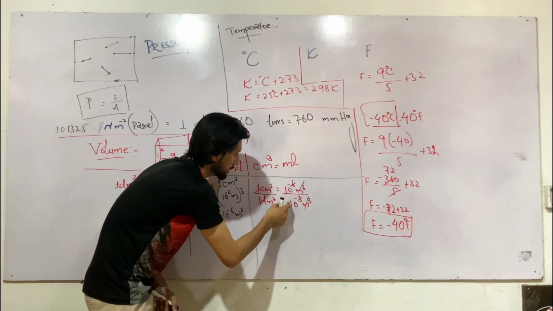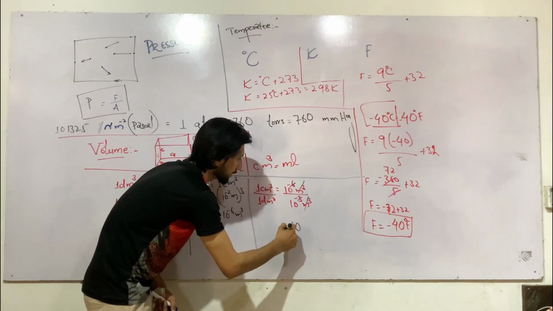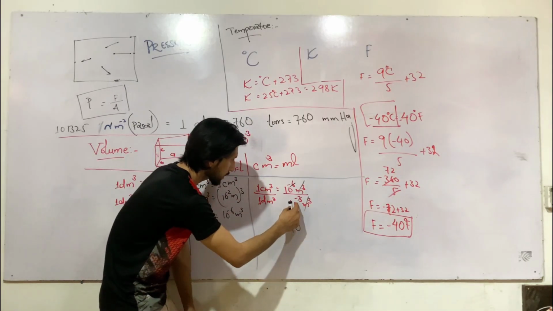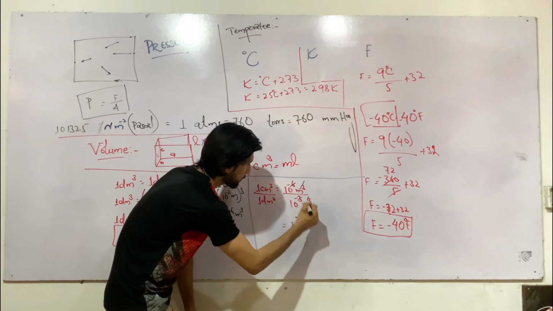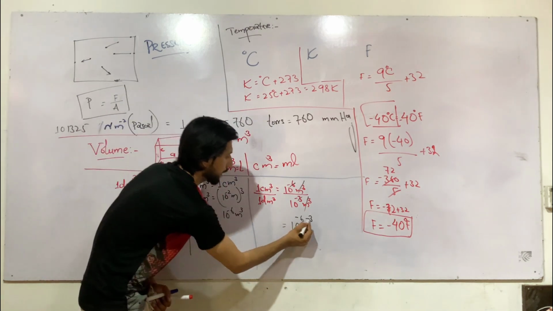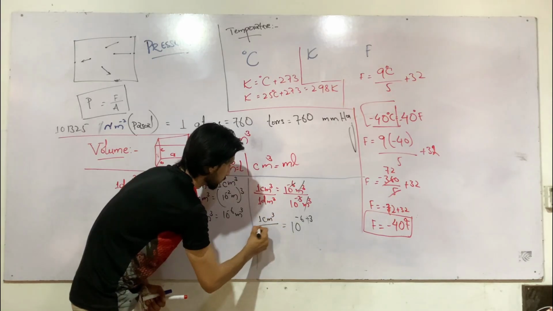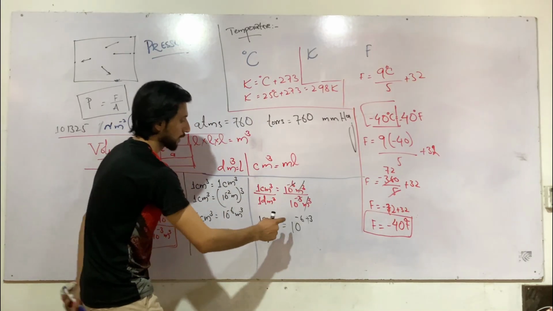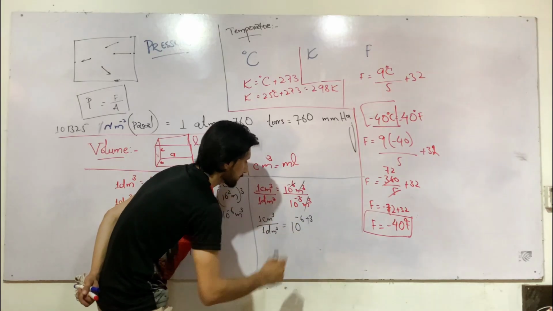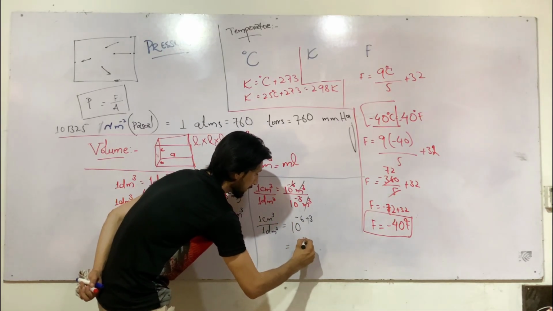The base is the same, so the powers can be added. Minus 6 and this minus 3 goes up and becomes plus 3, and here I'm getting 1 centimeter cube over 1 decimeter cube. So minus 6 plus 3, easy calculation, 10 to power minus 3.